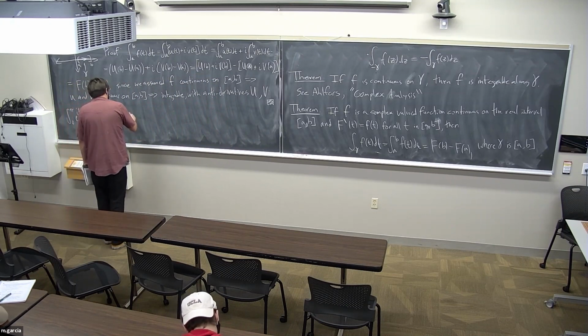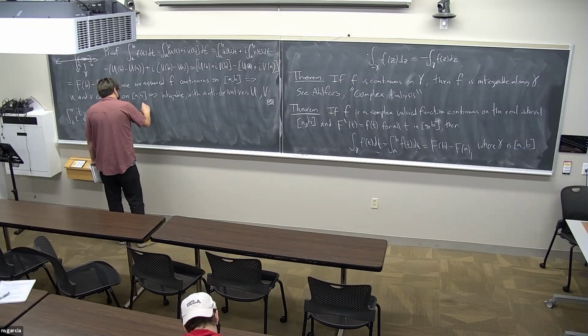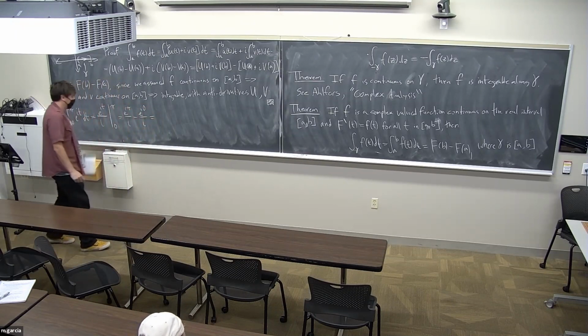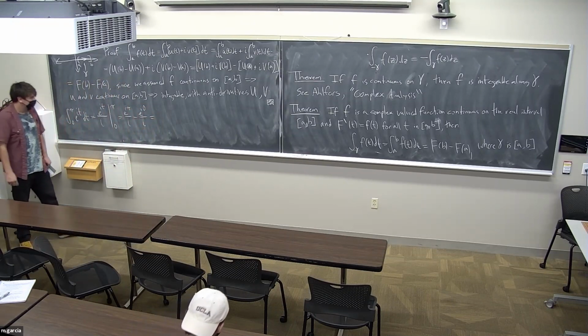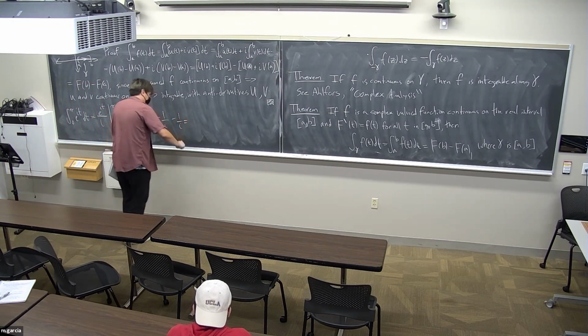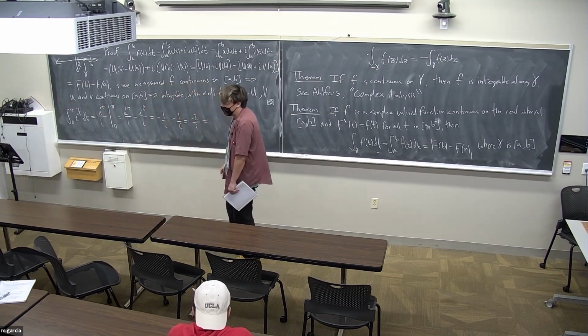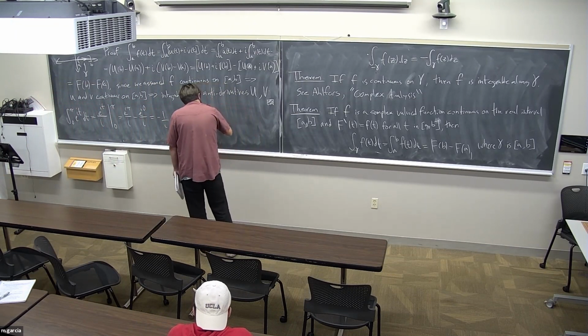So we get e to the i pi divided by i minus e to the i 0 divided by i. What's e to the i pi? -1. And what's e to the 0? 1. So altogether, we get -2 divided by i, or if we like, we can rationalize the denominator and get 2i.